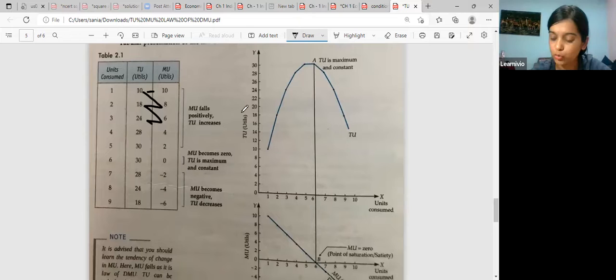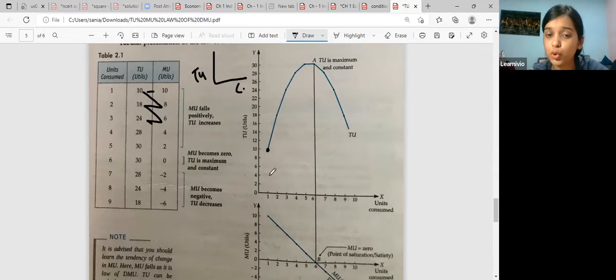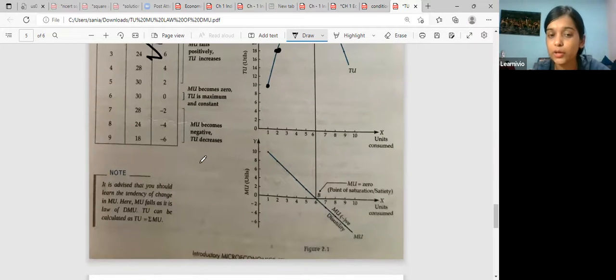Yes, teacher. And then you just need to do two things. For example, this is a graph for TU, the consumer. You can see for 1, it was 10. For 2, it was 18. For 3, it was 24. Right, for 3, it was 24. And like this. But for MU, you need to make a graph like this.